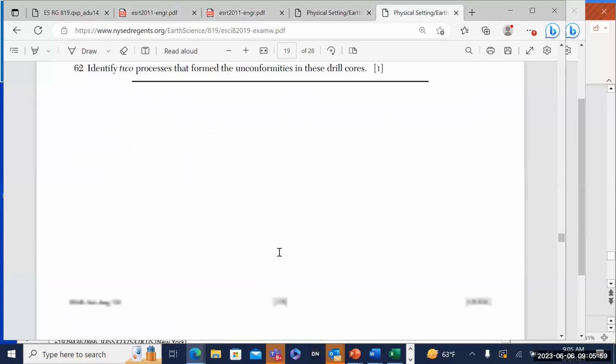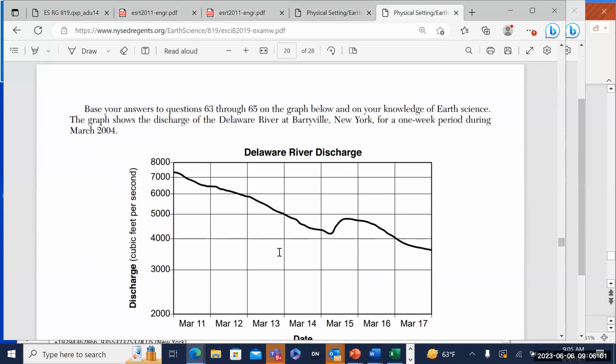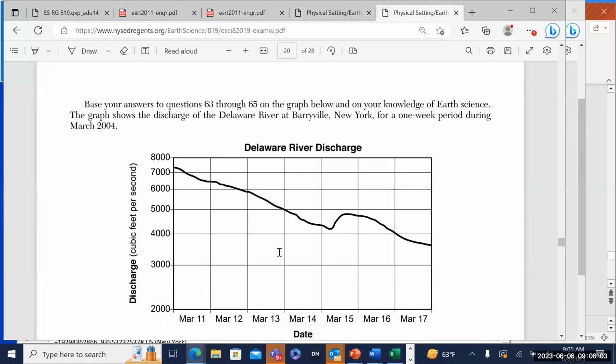So 63 states, base your answers to questions 63 to 65 on the graph below and on your knowledge of earth science. This graph shows the discharge of the Delaware River at Barryville, New York for a 1-week period during March 2004. Remember, discharge talks about the amount of water that passes through a given area.